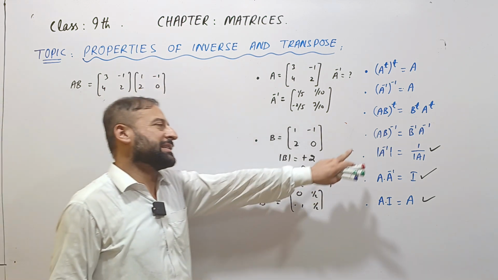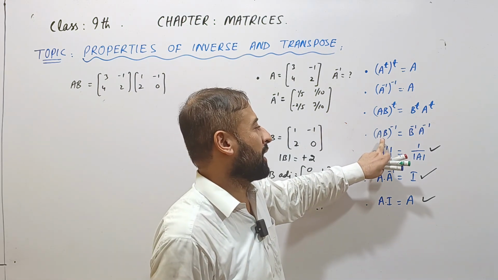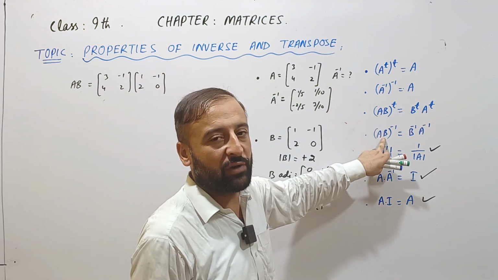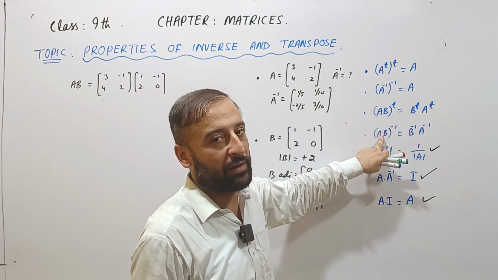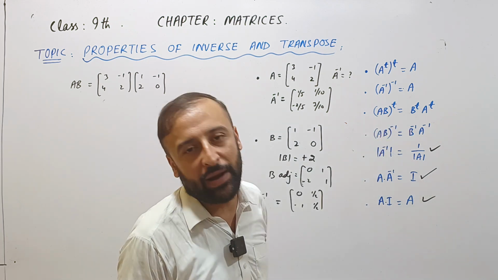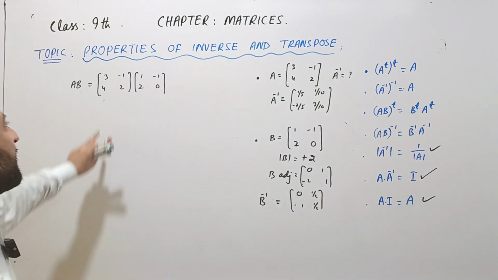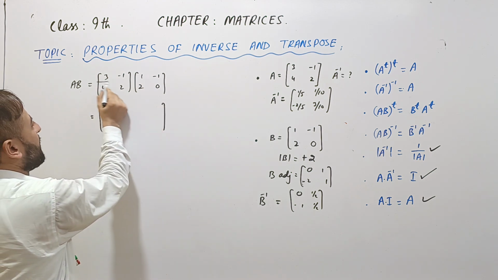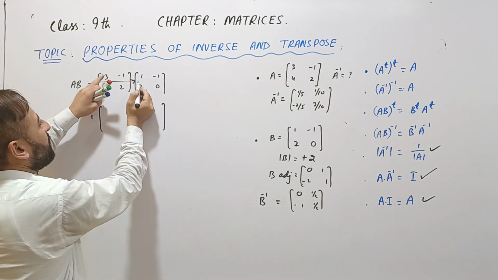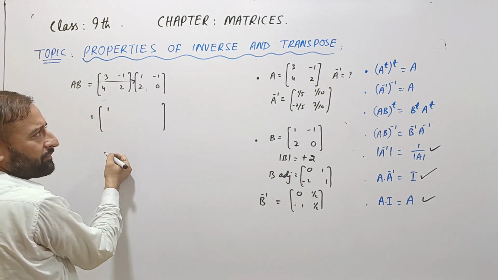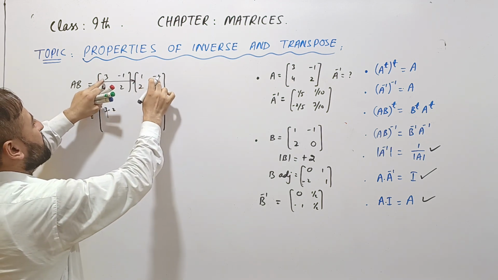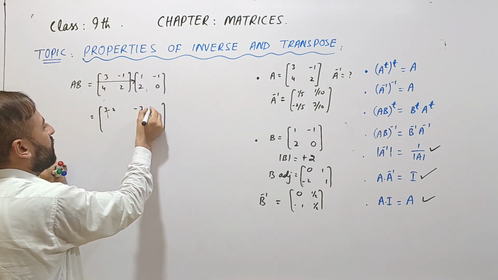To determine this, first you have to calculate A multiplied by B, because we want to take the inverse of the AB matrix. So first I am going to determine AB. Students, these are two matrices A and B. First row, first column, 3 minus 2, direct 1. Minus 3 minus 0.